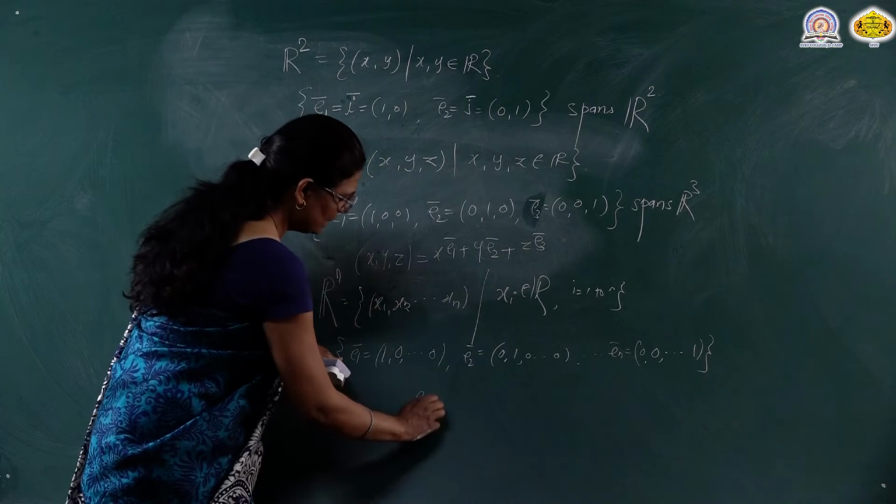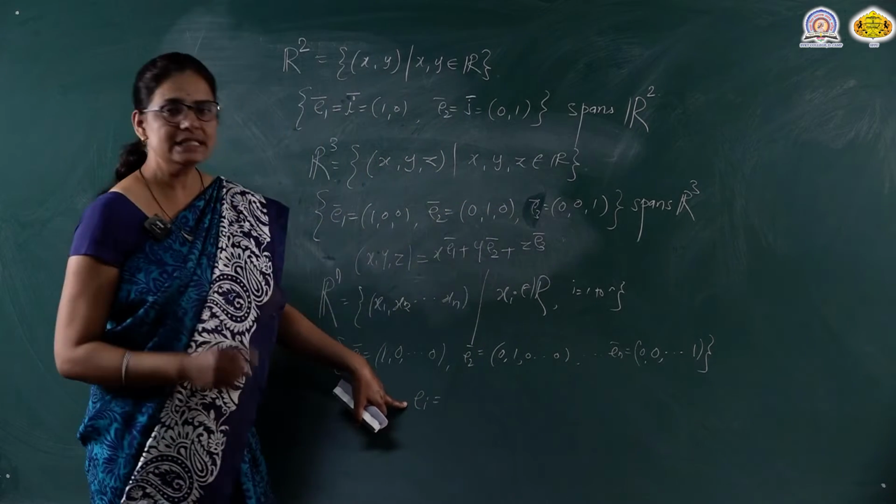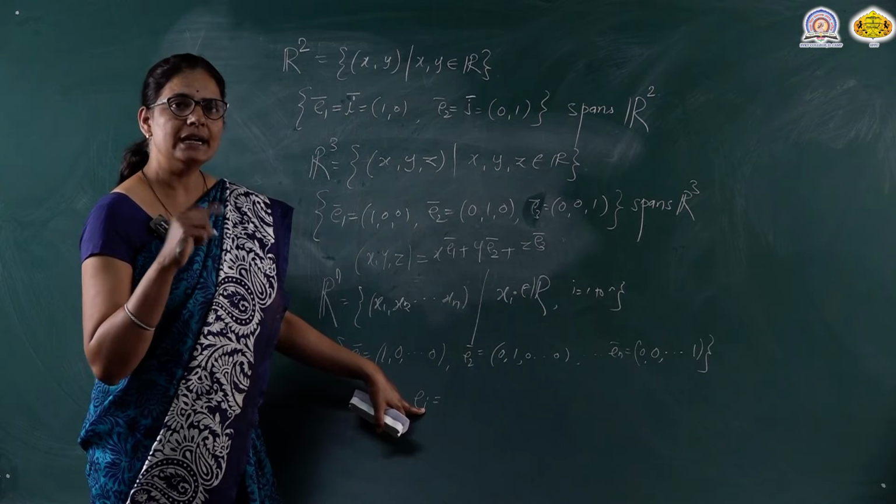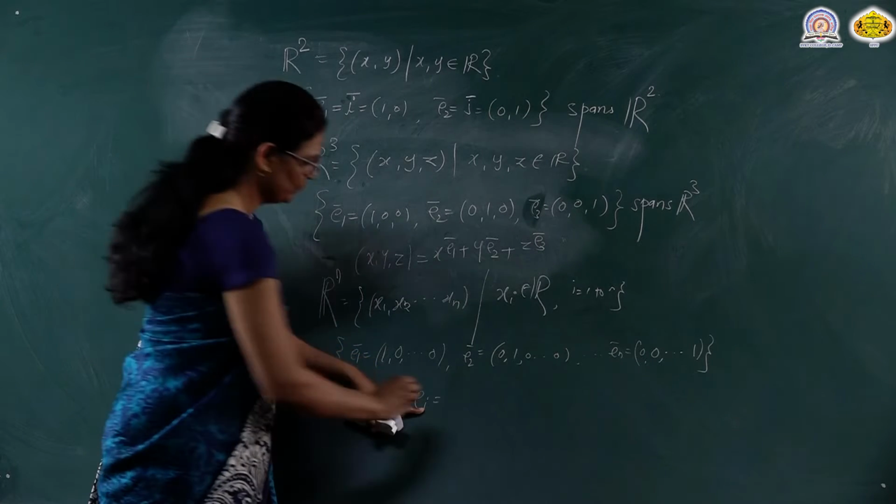So in general, remember Ei is a unit vector whose ith component is 1 and remaining components are 0.